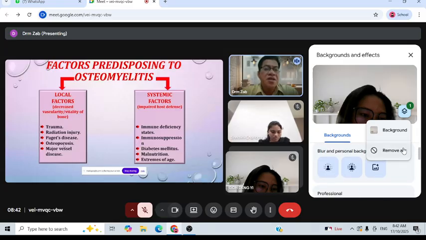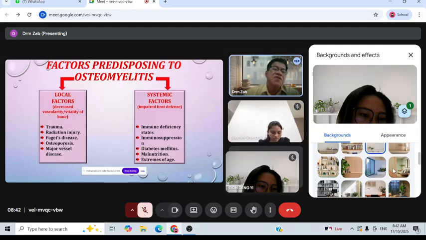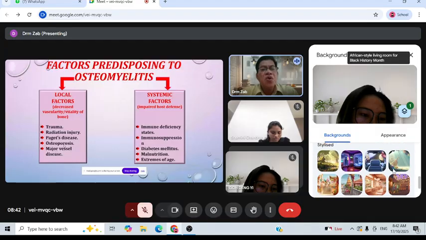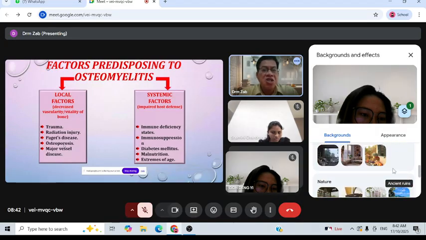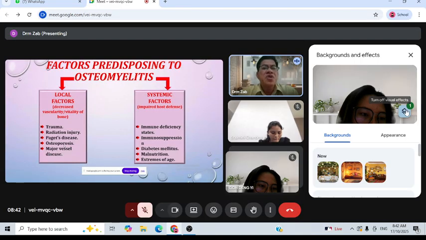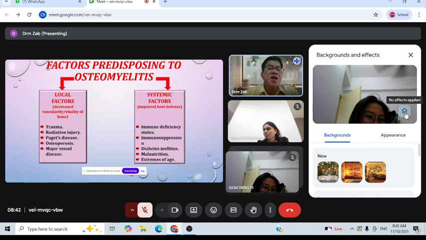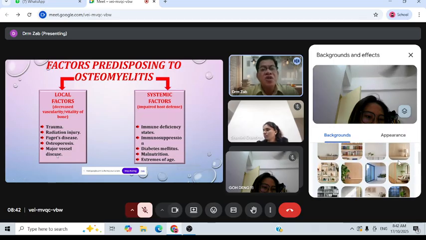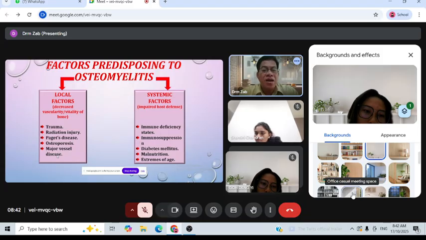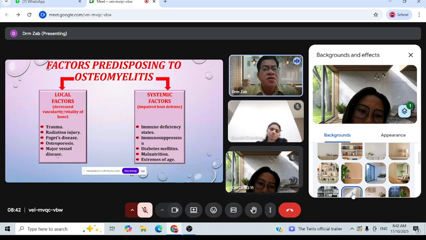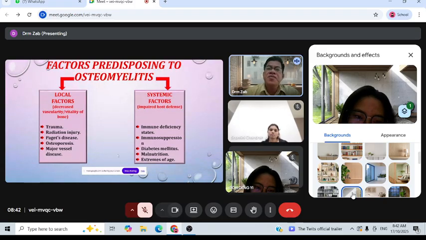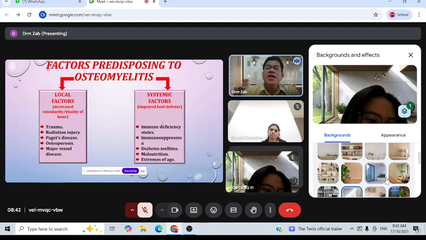Paget disease, where the bone density has changed and you have a denser bone, has a potential for osteomyelitis formation. Osteoporosis, and also major vessel disease. Major vessel disease is basically due to the formation of atherosclerosis. So when you have thickening of the cholesterol plaque in the blood vessels, that can reduce the blood supply to the area.